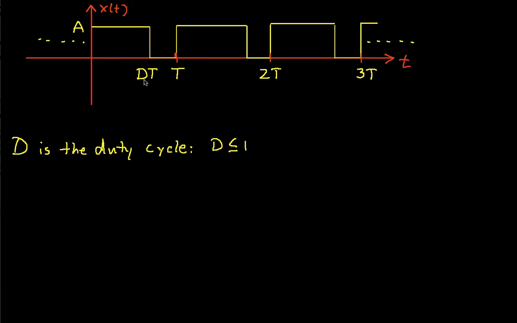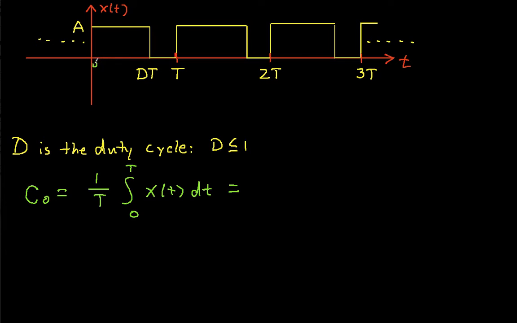Okay, so the goal here is to finish this by having computed the Fourier series coefficients. So let's begin. First we have c0, which is the DC component. This is 1 over T, the integral from 0 to T of x(t) dt.